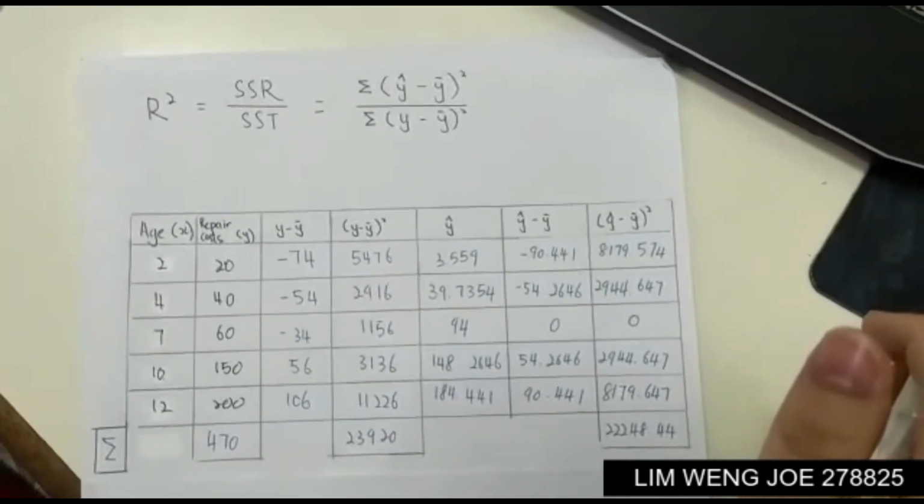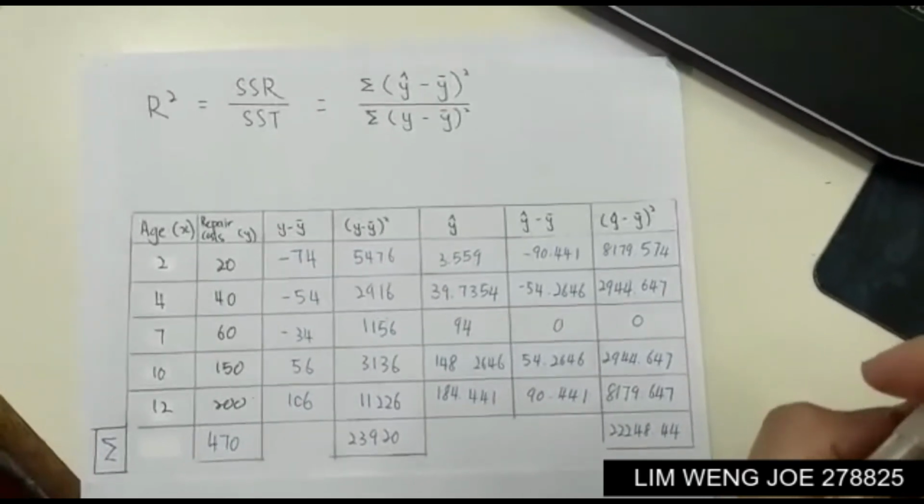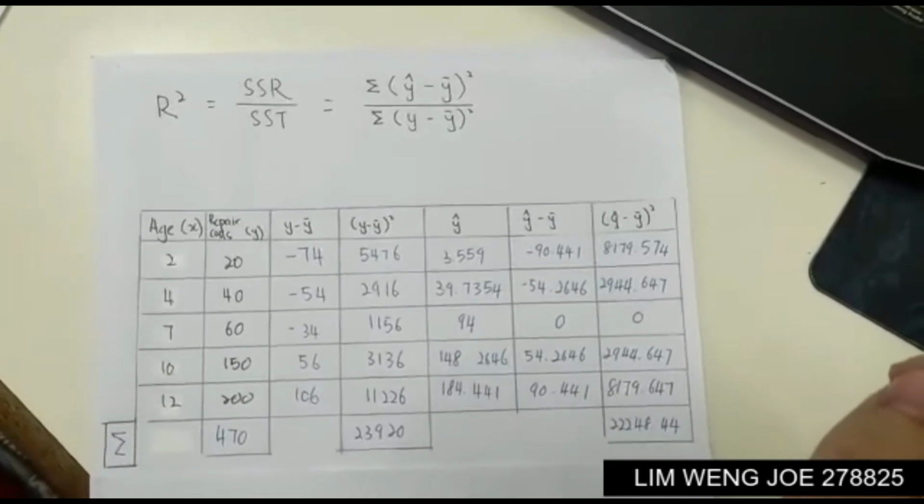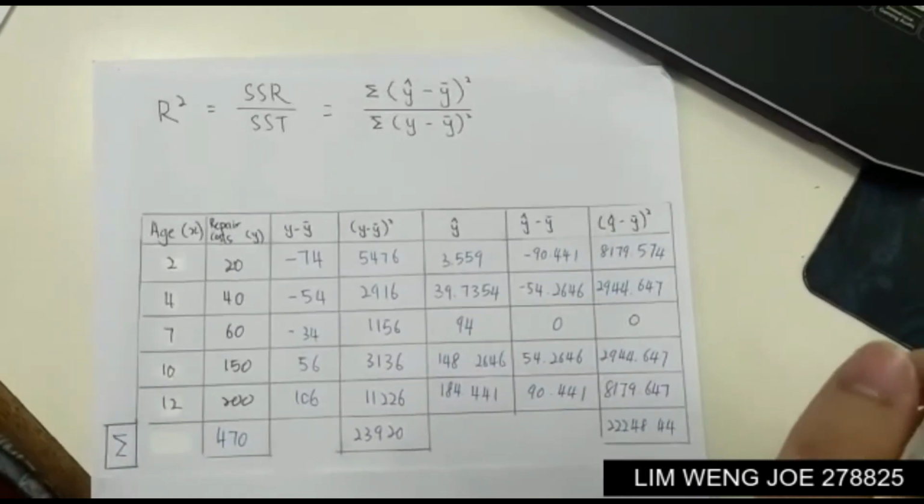SSR equals the sum of (y hat minus y mean) squared, and SST equals the sum of (y minus y mean) squared.